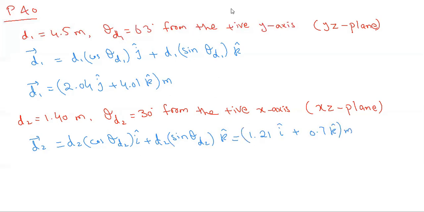Now we can find any other thing that we want to calculate. For example, if we want to calculate d1 dot d2, you just have to multiply the ith component with the ith, jth with jth, and kth with kth.